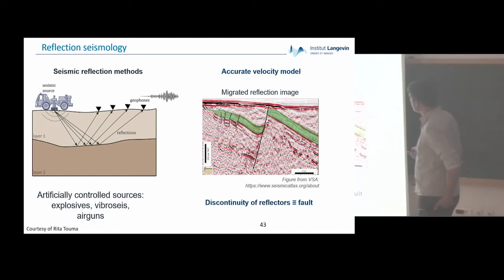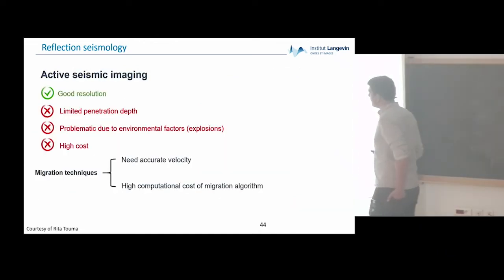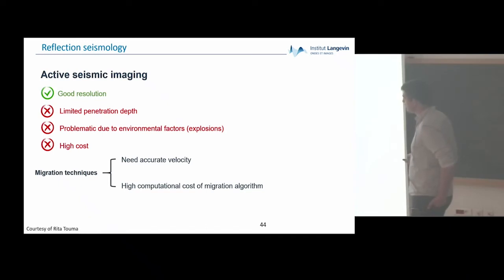And here we just detect the fault because of the discontinuity between the reflectors on each side. On top of that, migration techniques need a very accurate velocity model, and in the area I will investigate today, it's everything but true, and actually it's a big problem for migration techniques.